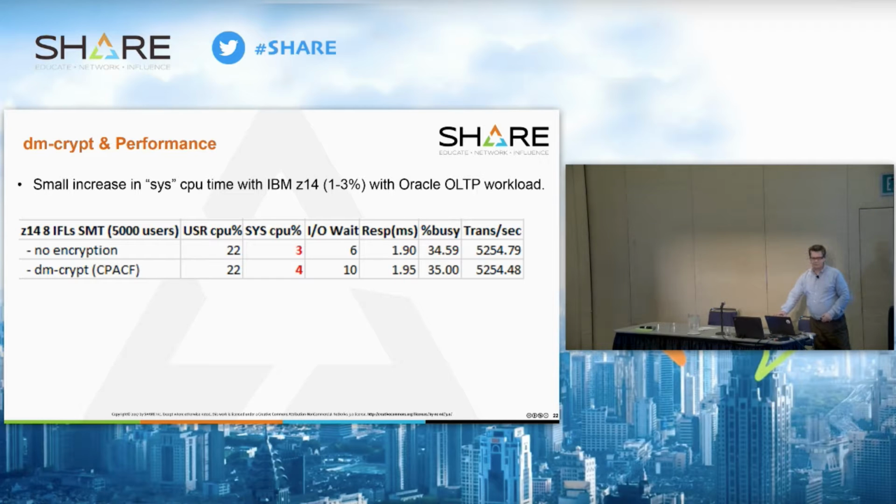What do you mean by all the exploitation is there? If you're using XTS mode, in terms of getting the benefit out of the Z14 CPACF, that should all be there. It's all there, because the XTS mode instruction existed on Z13.